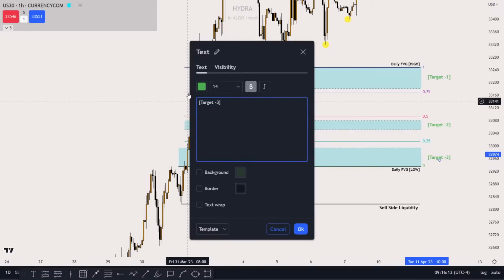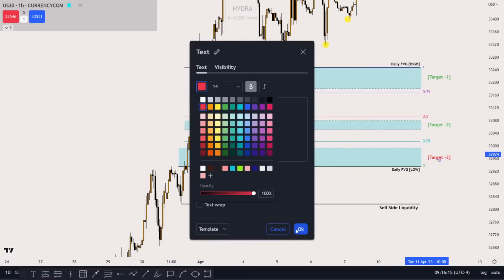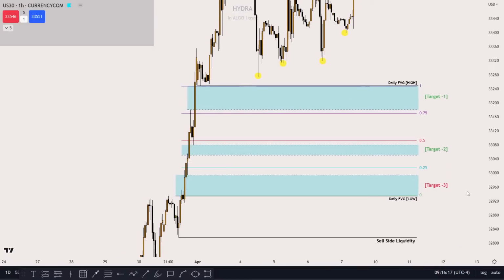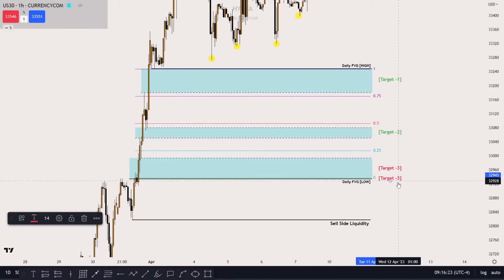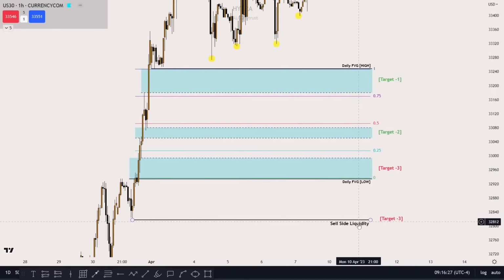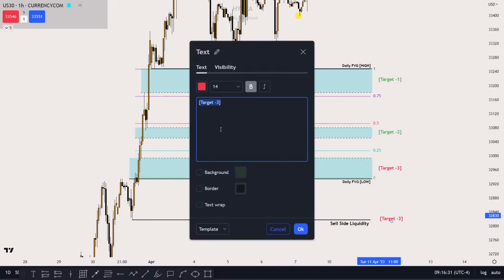So this becomes our low probability target. Why? Because there's no fair value gap on the 60-minute chart. And at the end, if price is still offering more sell side liquidity, we can target this major swing low, right? That will be our target 4.